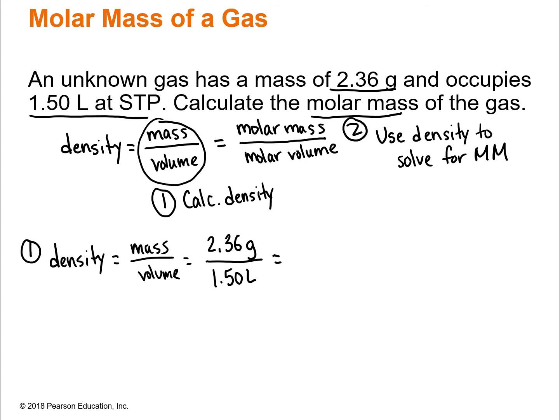Do the division, and that's our density. I'm not doing any sig figs yet because that's not our final answer, and we want to carry over as many digits as we can until the end. So this is the density of the unknown gas.